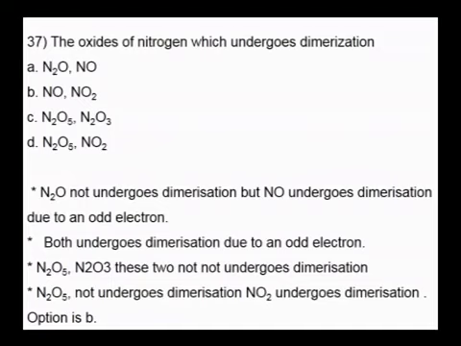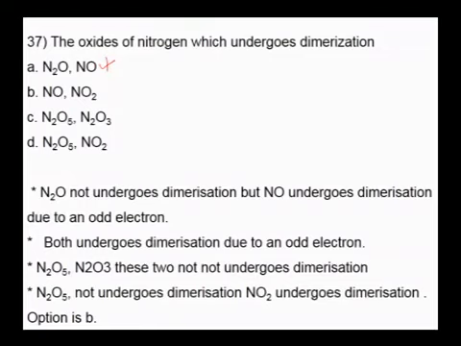The options here are N2O, NO. N2O does not undergo dimerization because it has 7 plus 7 is 14 plus 8 is 22 electrons, but NO undergoes dimerization. So this is not a correct option.